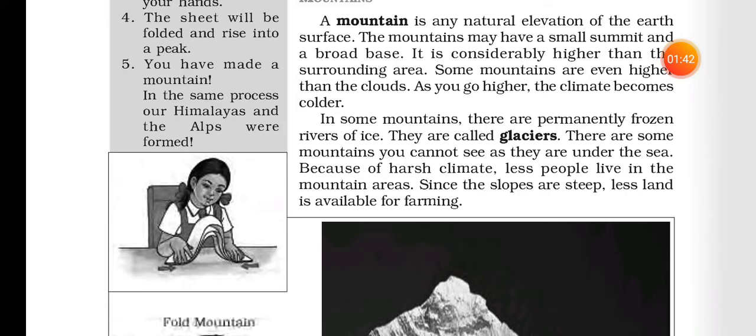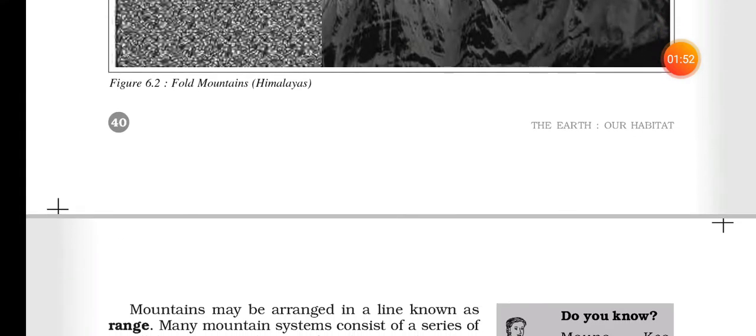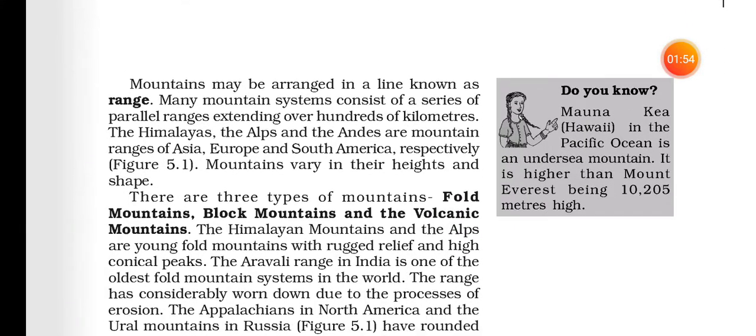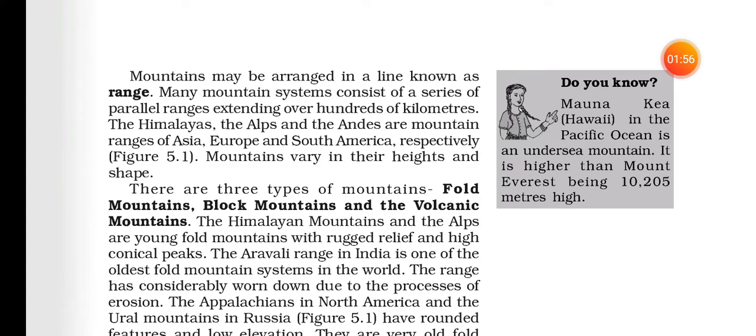Because of the harsh climate, fewer people live in mountain areas. Since the slopes are steep, less land is available for farming. When mountains are arranged in a line, they are called a range. Examples: Himalayas, Alps, and Andes are examples of ranges.